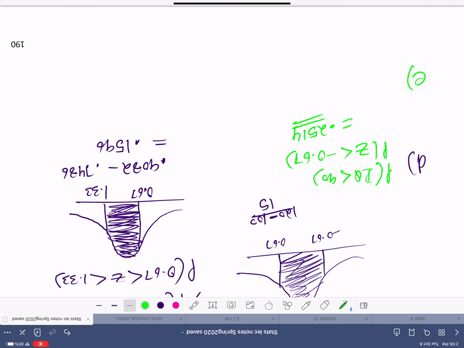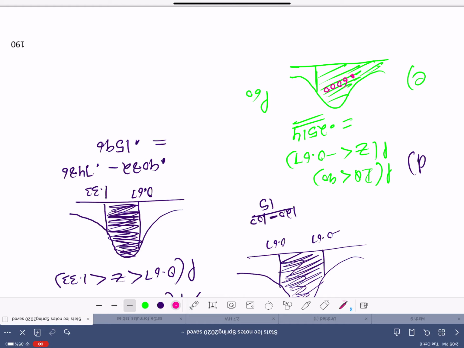For part E, calculate the 60th percentile of IQ. 60th percentile means we're looking for P60, the one that has 60% of the values below, right? 60% of the values below means the area to the left is 60%, which can be represented as 0.6000.